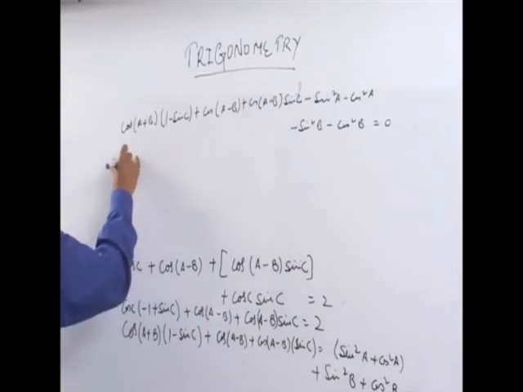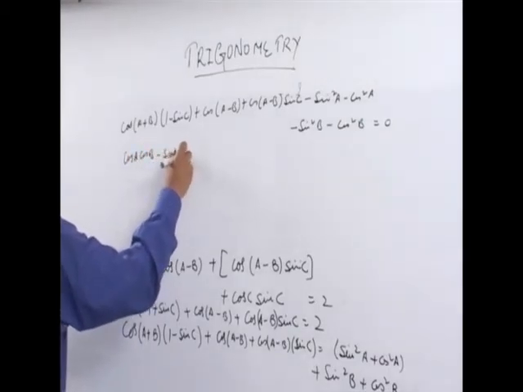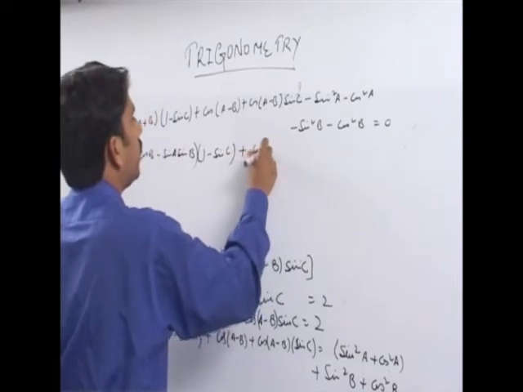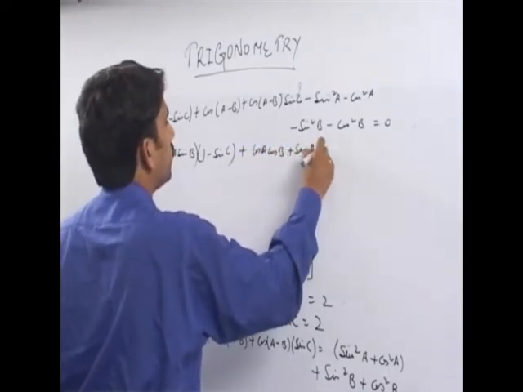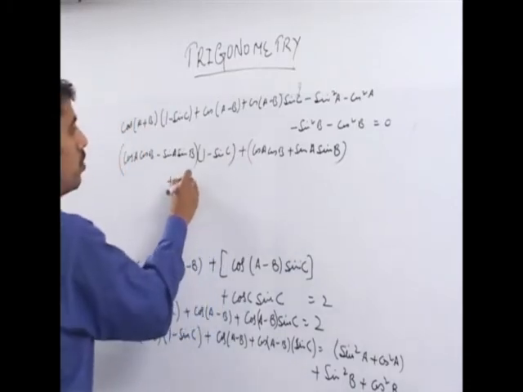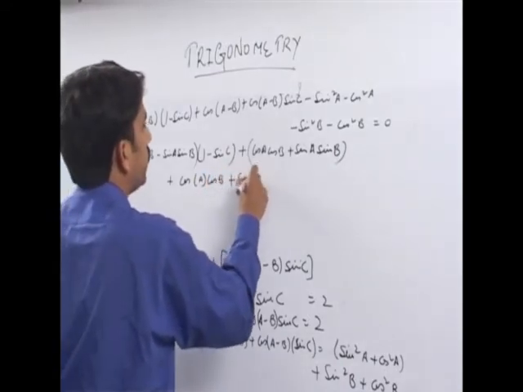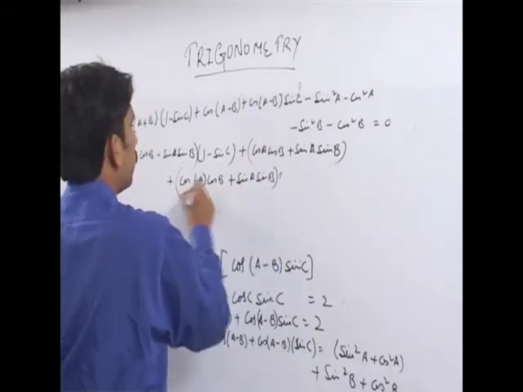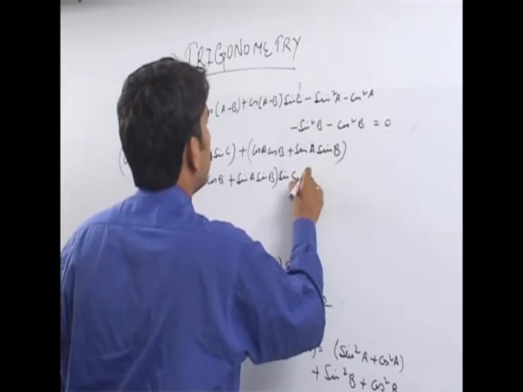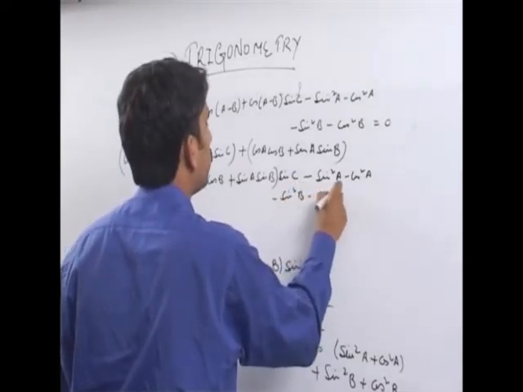When you open this, you will get (cos A cos B minus sin A sin B) into (1 minus sin C) plus (cos A cos B plus sin A sin B) into sin C, and this will be equal to minus sin square A minus cos square A minus sin square B minus cos square B is equal to 0.